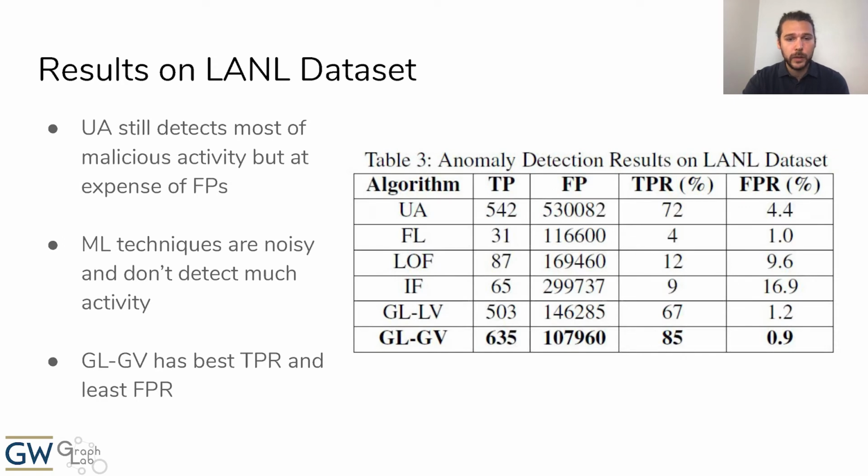These are the results when applying the same techniques to the LANL dataset. We can immediately see the effect of the real-world scale on these techniques, as the number of false positives are significantly higher than in the previous synthetic dataset. We can again see that the unknown authentication detector is able to capture a large amount of the malicious activity. However, in a real-world environment, this type of detector is far too noisy as it generates a significant number of false positives.